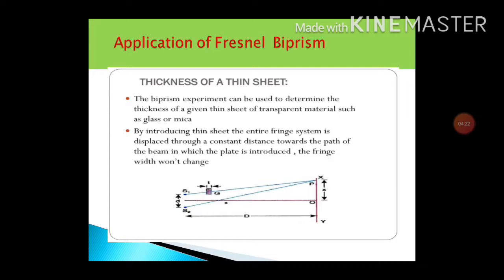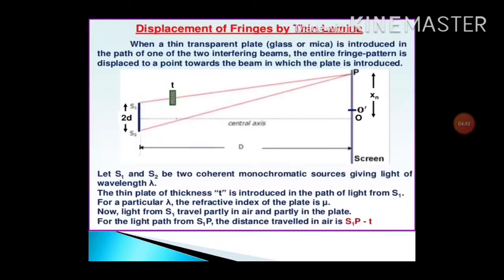We will not say that the fringe width has changed. Only the fringe system will be displaced through a constant distance, and we will find that out also. Let us consider that small mu is the refractive index of this transparent material and T is the thickness of this material.